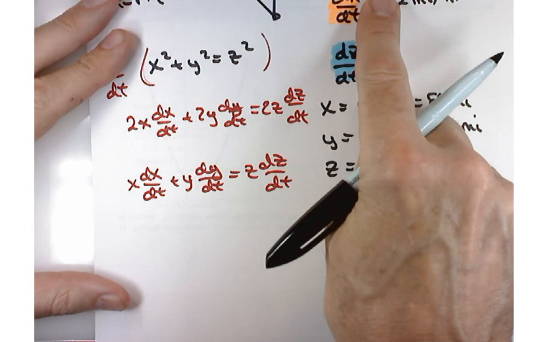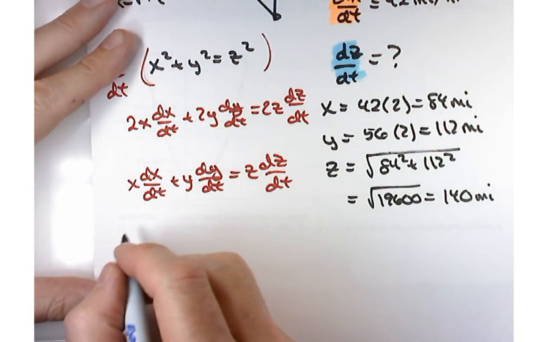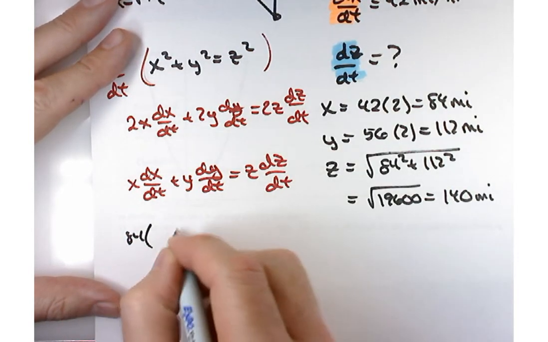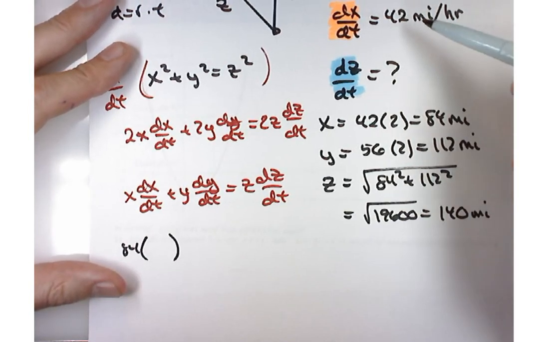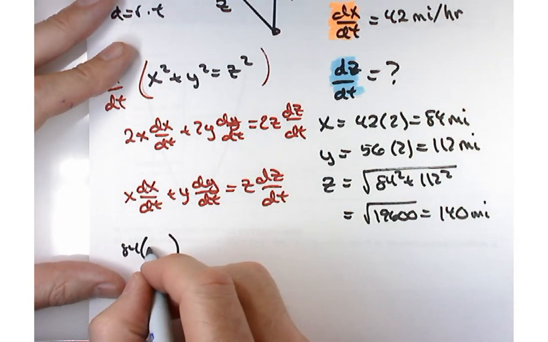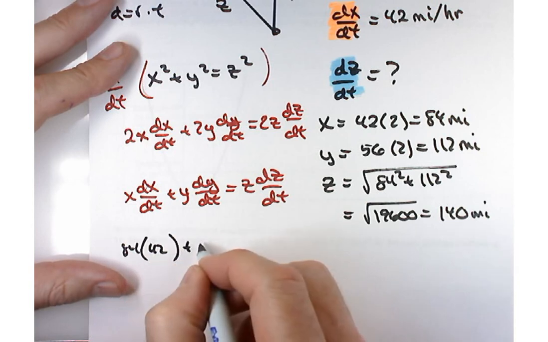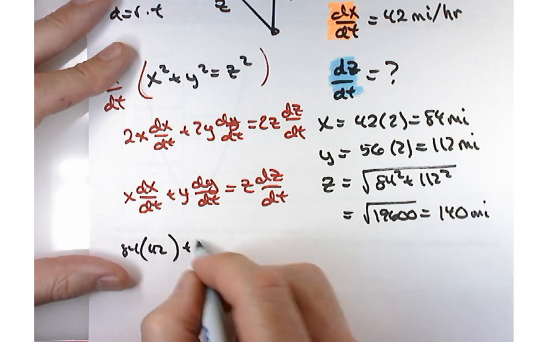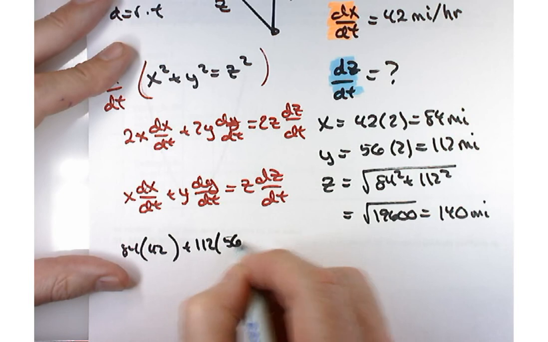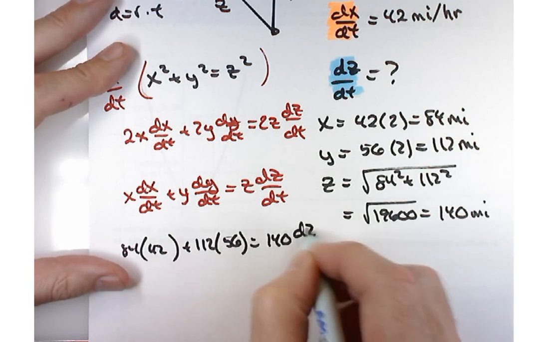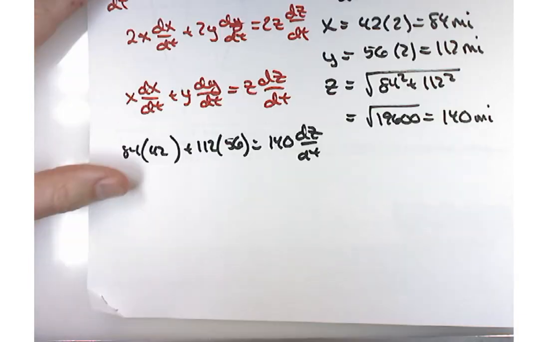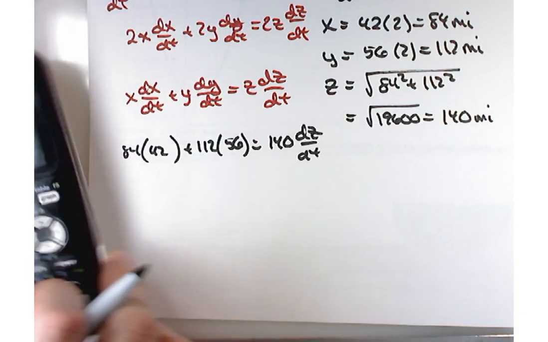So x is going to be 84 times dx by dt, which was 42, plus y, which was 112, times 56 equals 140 times dz by dt. All right, some big numbers here.